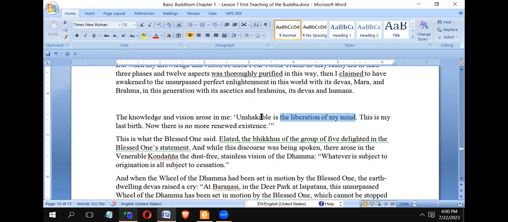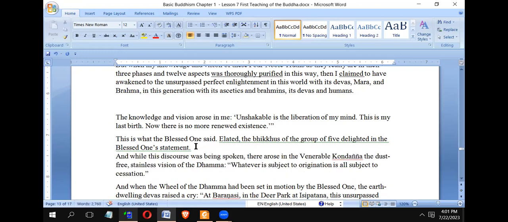So you can see the logic. First, the knowledge, the wisdom arises. Then the wisdom destroys the defilements, and his mind is liberated. When the mind is liberated, this means he has become an Arahant, because of the last birth. And when he says last birth, when the Buddha passed away, there's no more renewed existence, no more future life, when the Buddha attained the Maha Parinibbana. Right? Okay.